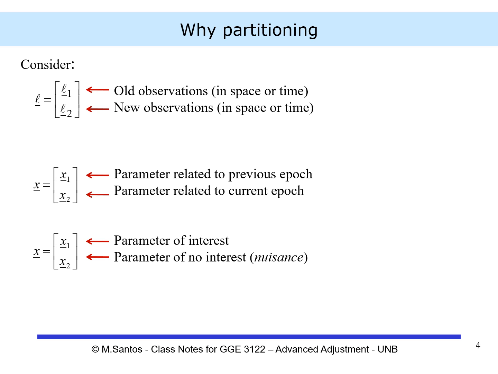The partitioning of the vector of unknown parameters may result in a vector X that is subdivided into elements pertaining to vector X sub 1 and another vector X sub 2, in which case X1 may be a vector containing unknown parameters of interest, and the vector X sub 2 a vector containing unknown parameters to which there is little interest in knowing their estimated values, in which case they are called nuisance parameters.